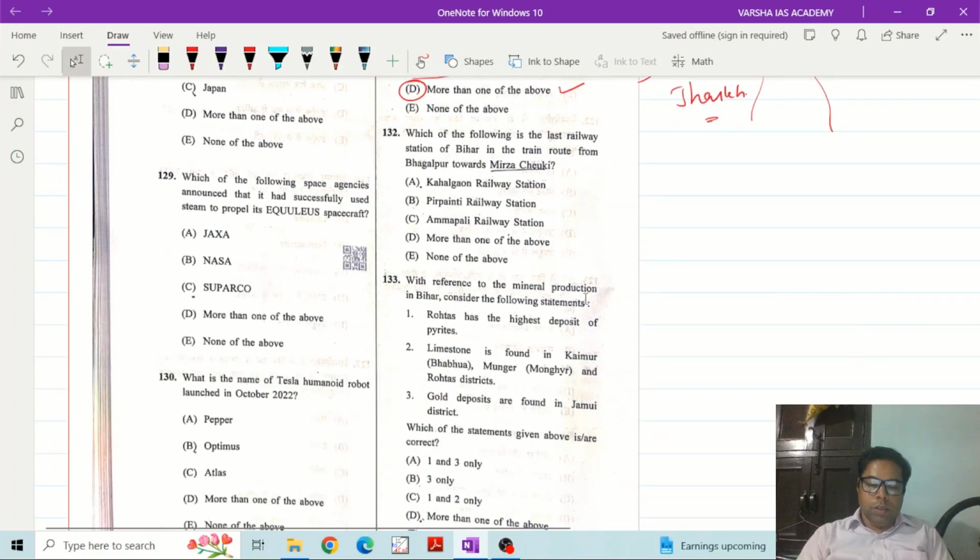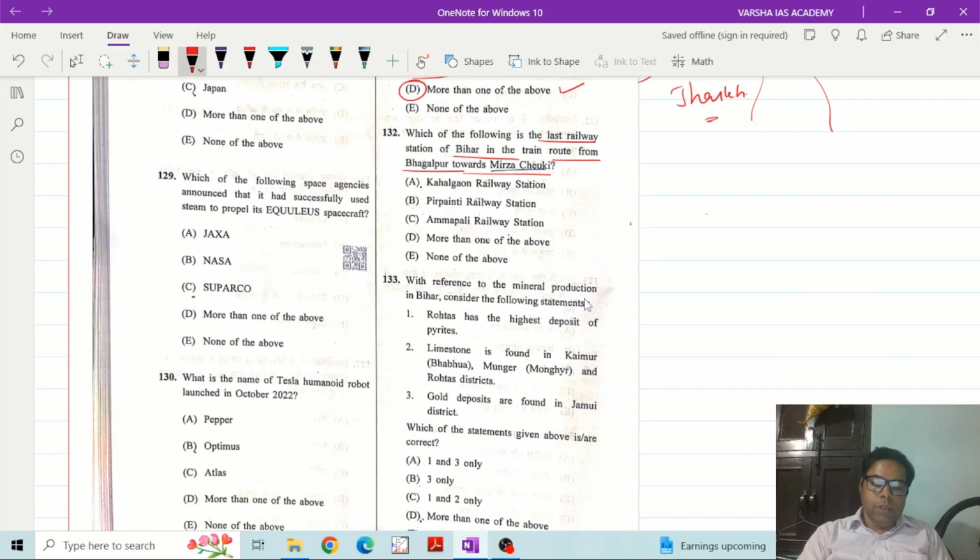Question number 132. Which of the following is the last railway station of Bihar in the train route from Bhagalpur towards Mirza Chowki? If you see this, going from Bhagalpur towards Mirza Chowki, it is asking about the last railway station on the route.